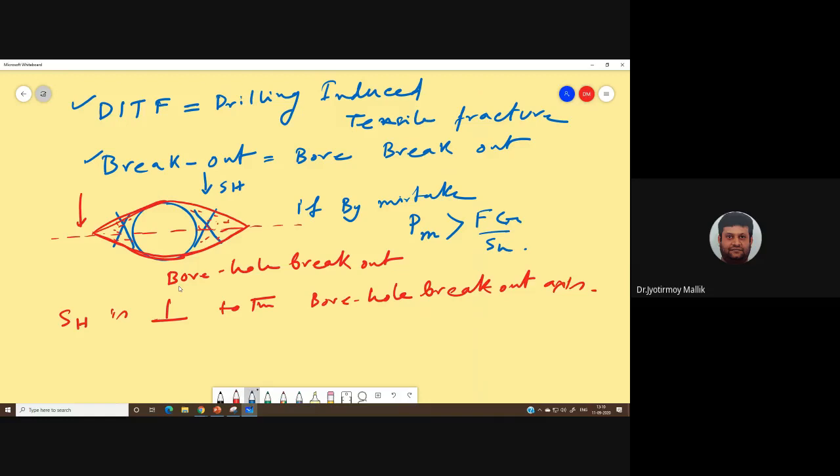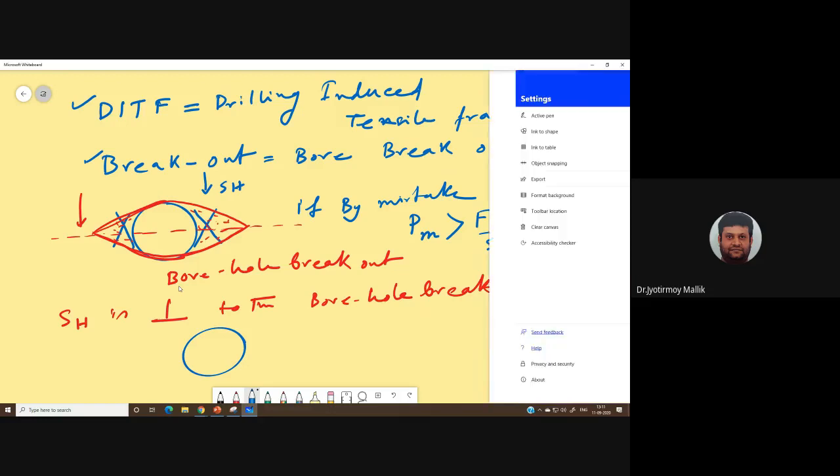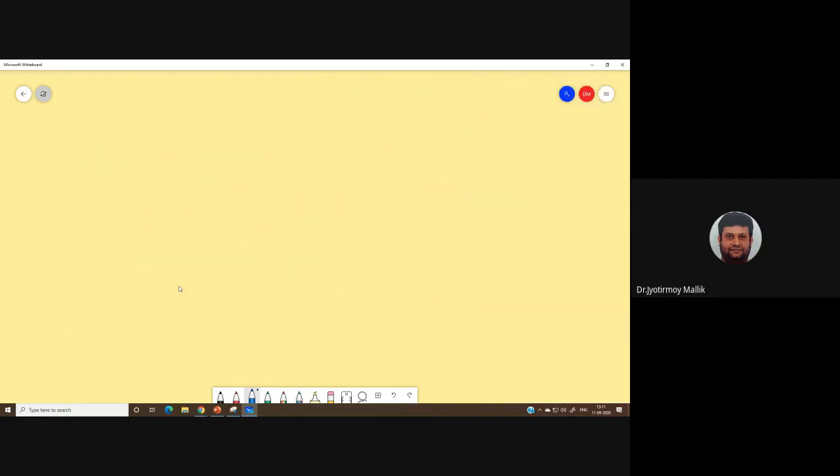On the other hand, there is another type of fracture that happens. Sorry, this has become an ellipse, but we will draw a circle. There is another type of fractures that generates. Okay, this is pretty much a circle.